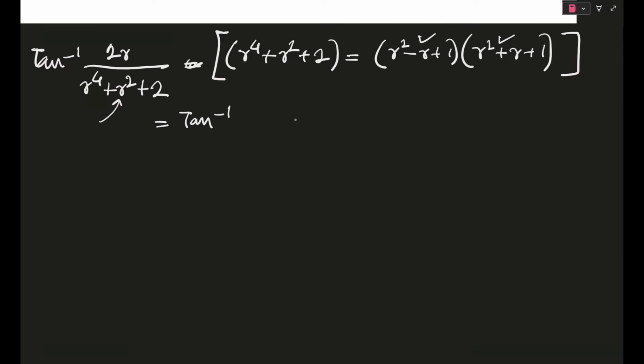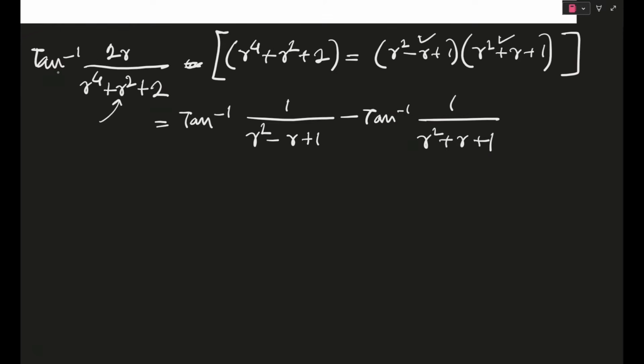So it's basically tan inverse of 1 by r square minus r plus 1 minus tan inverse of 1 by r square plus r plus 1. Why? Because this thing is tan inverse of a minus b by 1 plus ab.